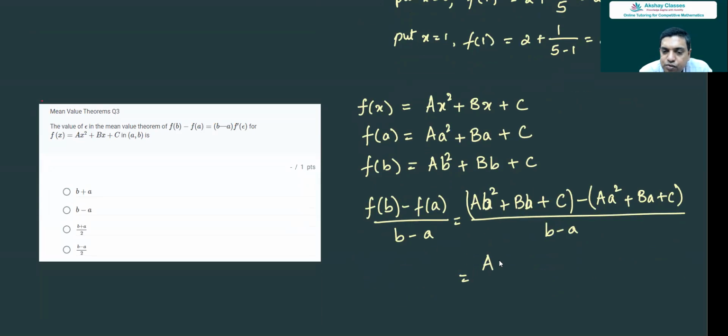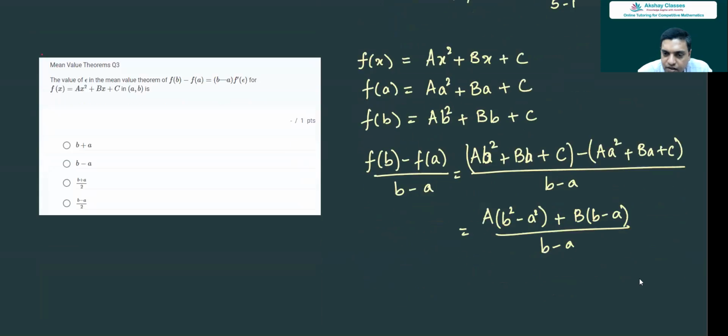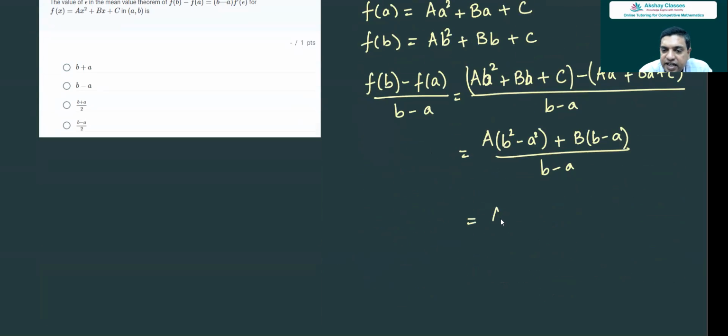We get A into b square minus a square plus B into b minus a by b minus a. So this is A into b plus a plus B, because b square minus a square is b minus a into b plus a. Okay, so this is what we get: f of b minus f of a by b minus a.